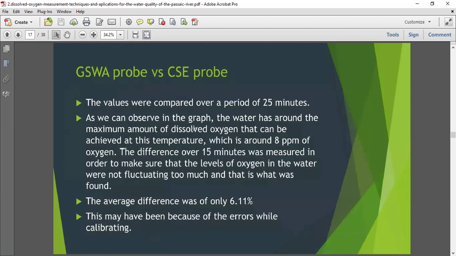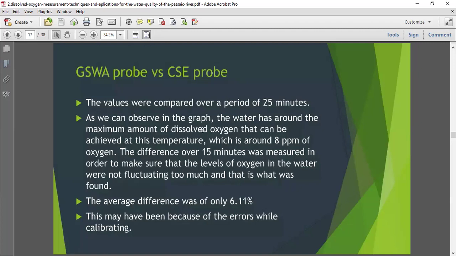As we can observe in the graph, the water has around the maximum amount of dissolved oxygen that can be achieved at this temperature, which is around 8 ppm. This is the unit, 8 ppm of oxygen. We will see the calculation later.